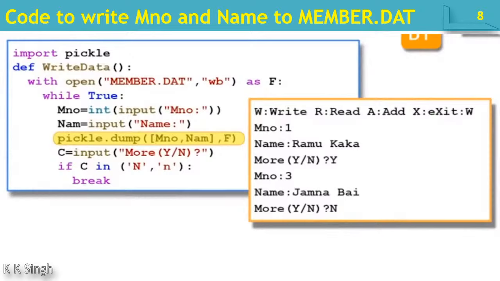The function name is def write data, and before writing the information we have to import pickle, otherwise we will not be able to dump the information onto the file. That is why importing pickle is mandatory.